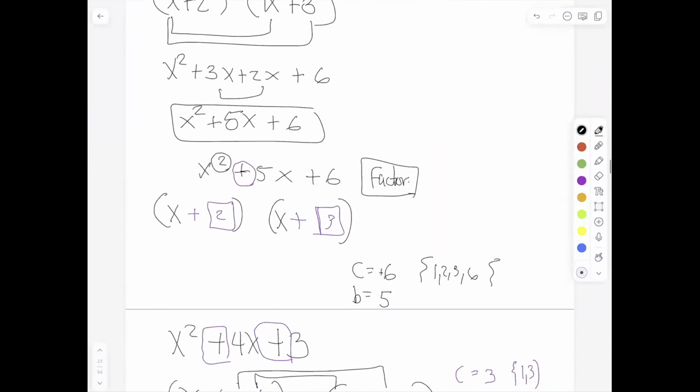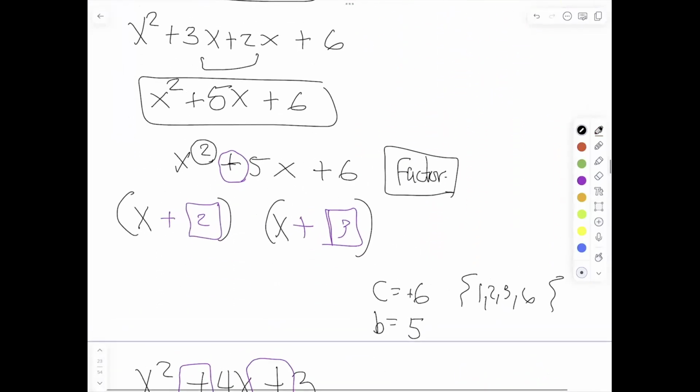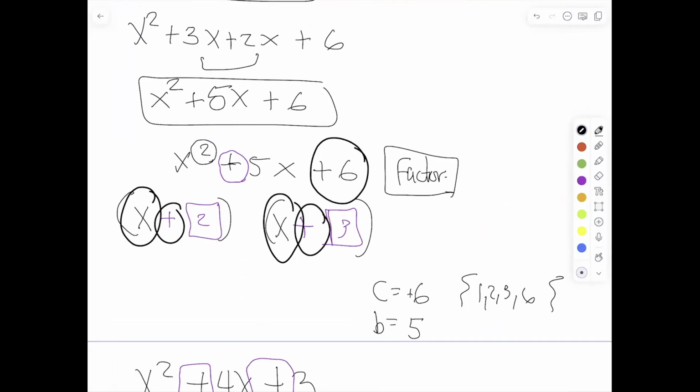Mañana. So they have to be multiplied together to give you C and added together to give you B. Exactly. Right. And then this is an easy one because they're both positive, right? So you're going to end up with a positive. You have 2 x's. But now you got to say what 2 numbers, when you multiply them, give me 6. And the same 2 numbers, they have to be the same.